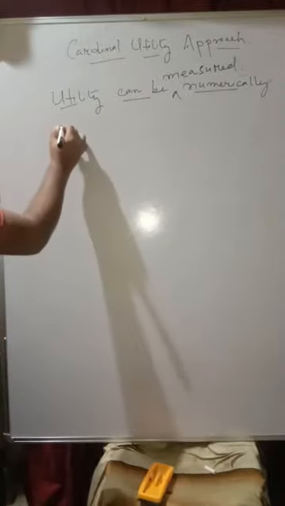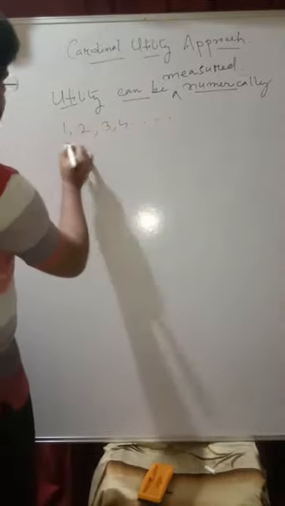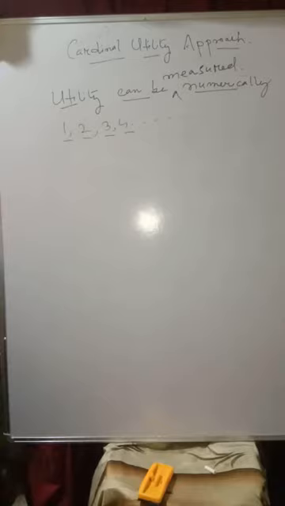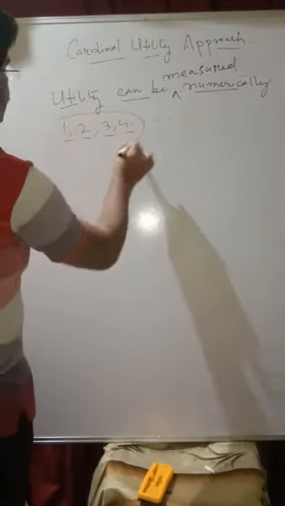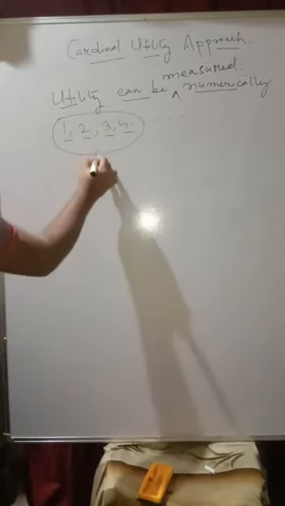These numerical numbers, suppose 1, 2, 3, 4 and so on, express your level of utility or satisfaction that you derive after the consumption of a unit of a commodity. These are called utils.